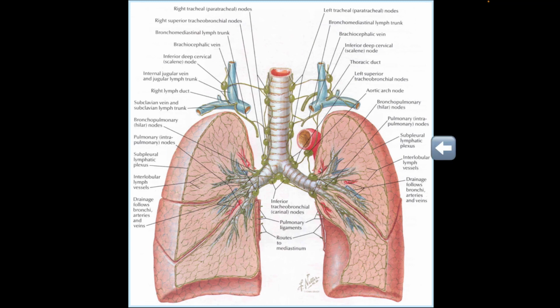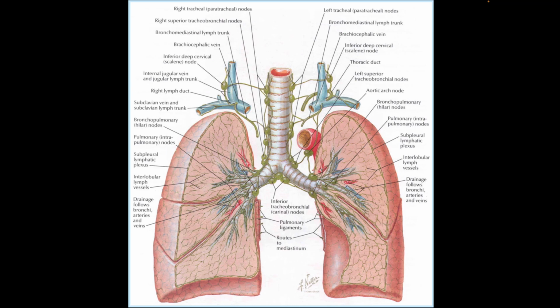There's also the deep lymphatic plexus that travels along the bronchi and pulmonary vessels towards the hilum, and some lymph passes through the pulmonary nodes located within the lung substance as lymph reaches the hilum, and it also enters the bronchopulmonary nodes. Also from the bronchopulmonary nodes, lymph passes through the tracheobronchial nodes located around the bifurcation of the trachea and the paratracheal nodes located along the sides of the trachea.